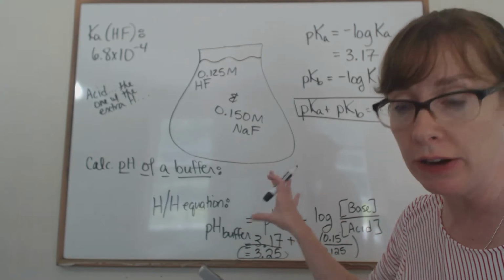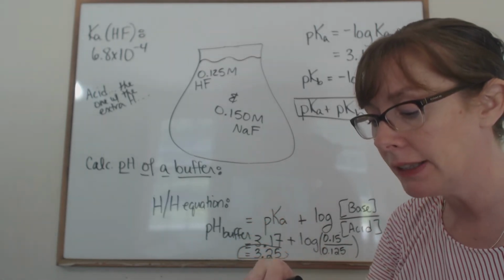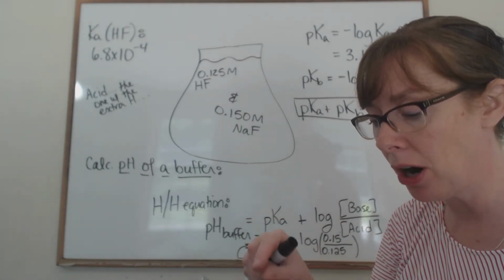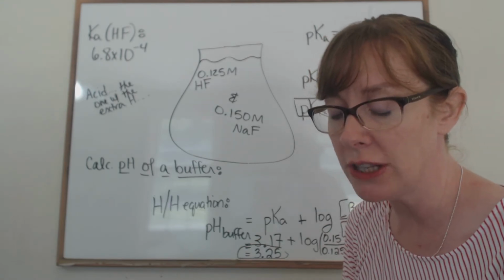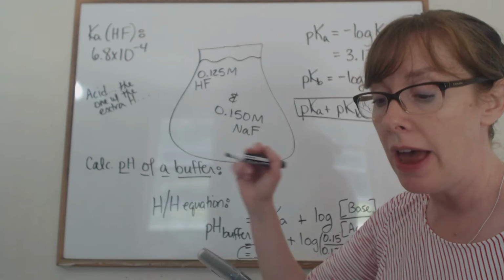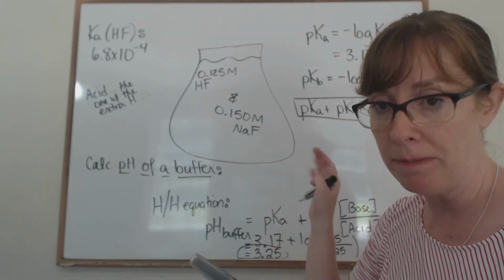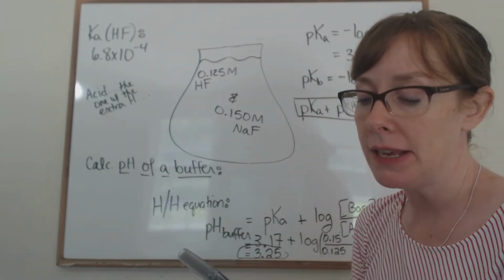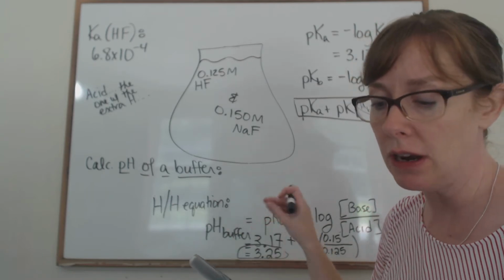That would just be the Henderson-Hasselbalch equation. Same with part B, the solution that's 0.195 molar in CH3NH2 and 0.130 molar in the other one. That is the same thing, just the Henderson-Hasselbalch equation.